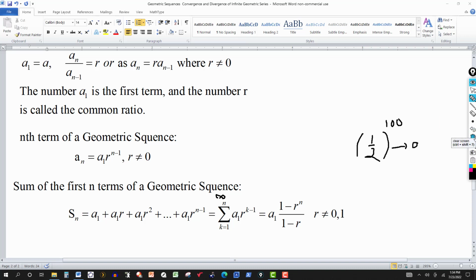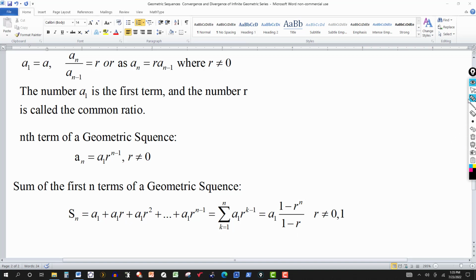So the point is, in this formula, if r is between -1 and 1, not including 1, not including -1, then this is going to go to 0. So you're going to be left with a1 times 1, so it'd be a1 over 1 minus r. And that's the formula that you're going to use to find the sum of an infinite geometric series, if it exists.